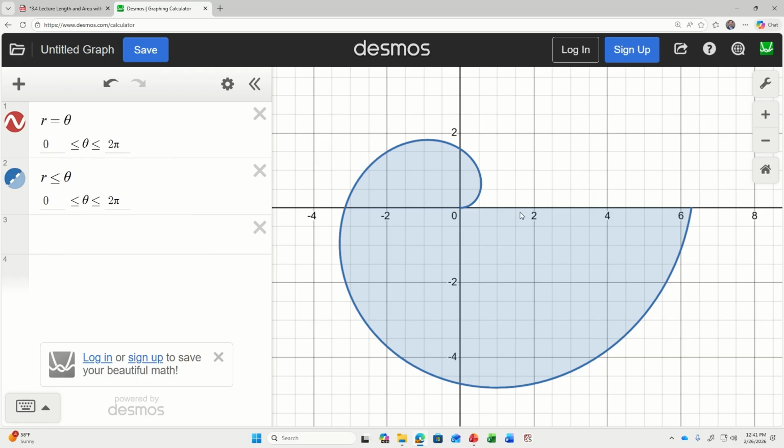Pi cubed would be about 30. So 4/3 of 30 would be like 40. Does that look like an area of 40 to you? I mean, maybe.